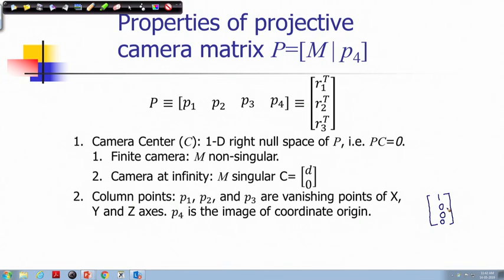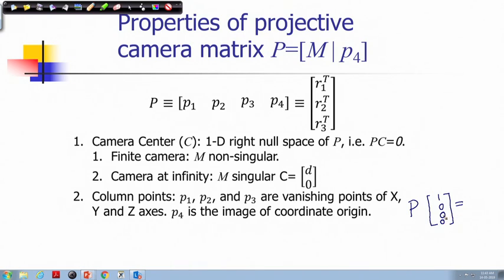If I would like to get the image of this particular point, I should multiply with the projection matrix, and whatever value I get in the homogeneous coordinate system is the image point of the corresponding point at infinity. We call this kind of point a vanishing point. If you move towards that direction, the projections of all the points lying on this line will converge to that vanishing point.